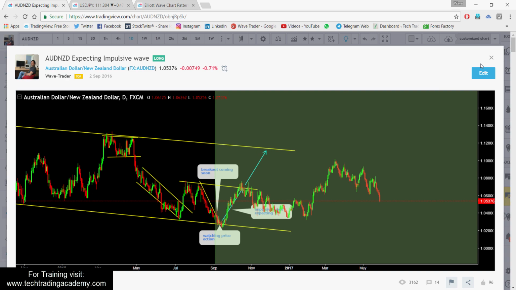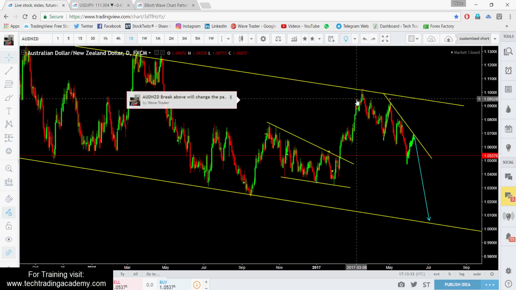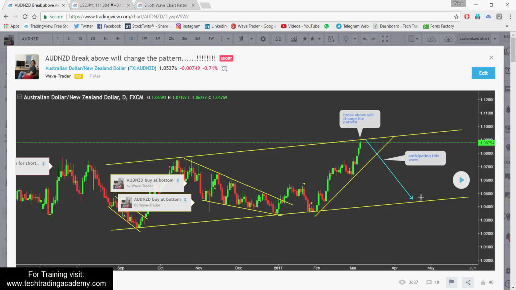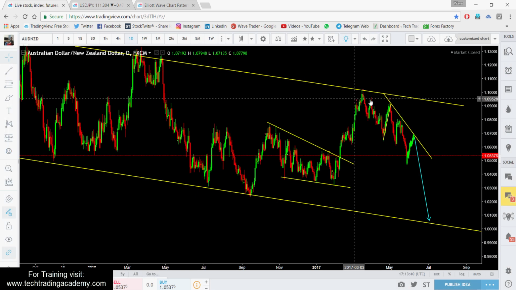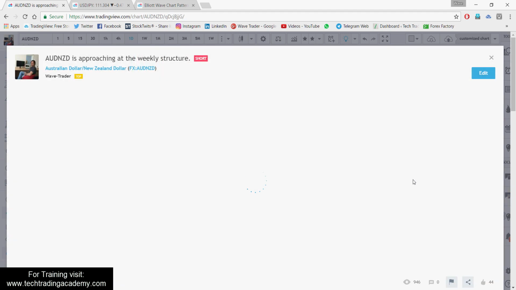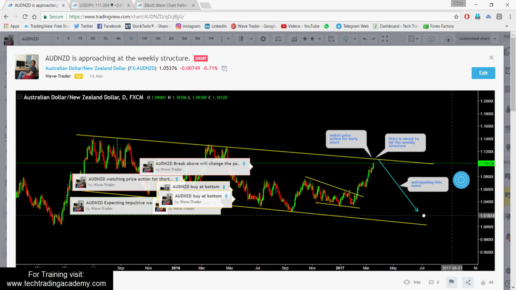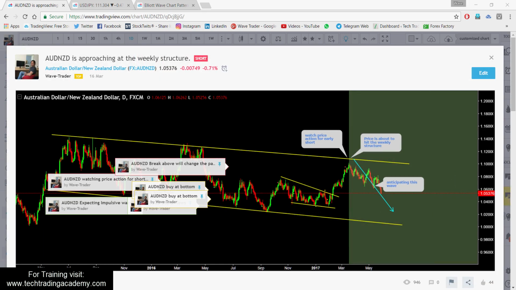Price hit that top, and once price hit that top, we were looking to sell this trade, and the completion of this channel again.